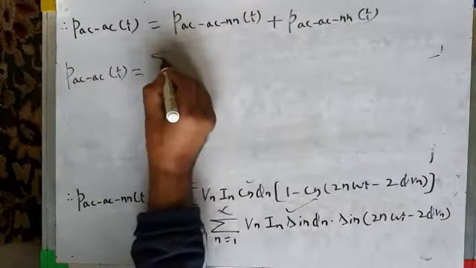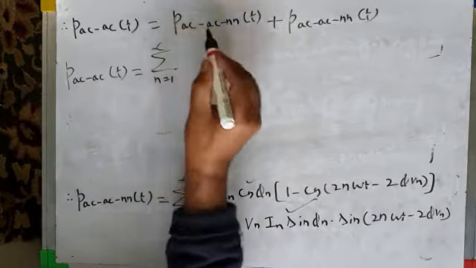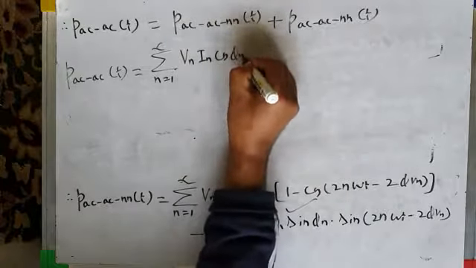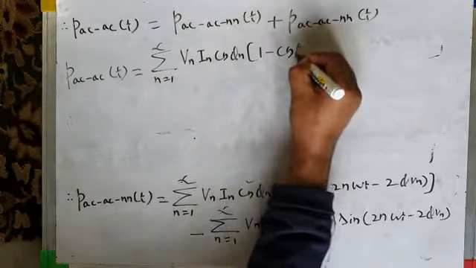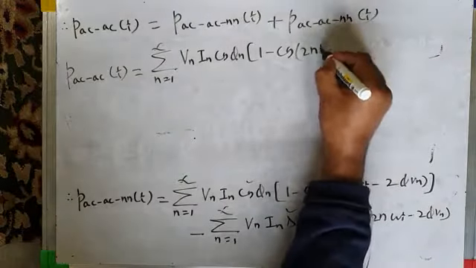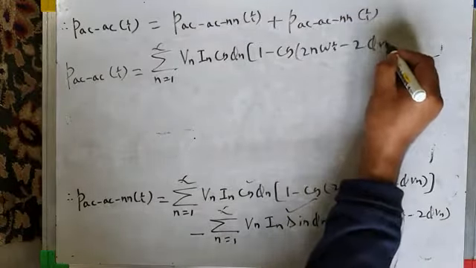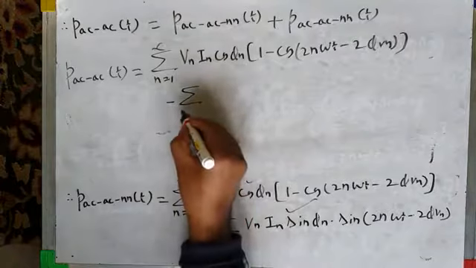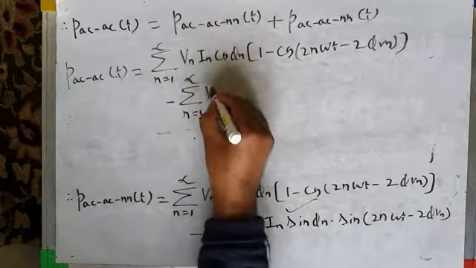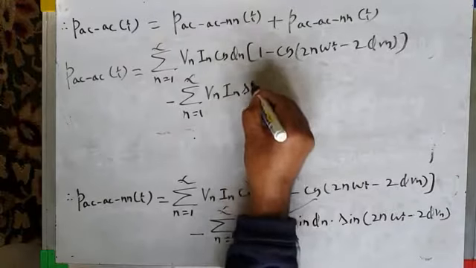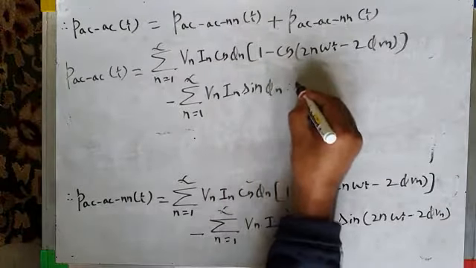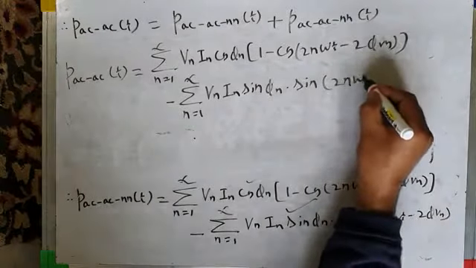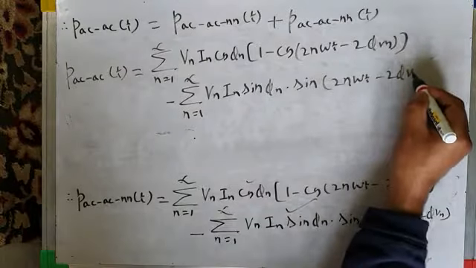That's this equation, summation n equal to 1 to infinity Vn In cos phi n times 1 minus cos of 2n omega t minus 2 phi Vn minus summation n equal to 1 to infinity Vn In sine phi n into sine of 2n omega t minus 2 phi Vn.